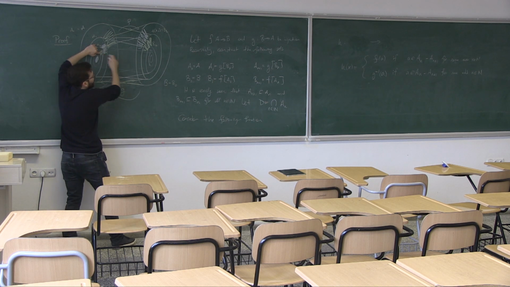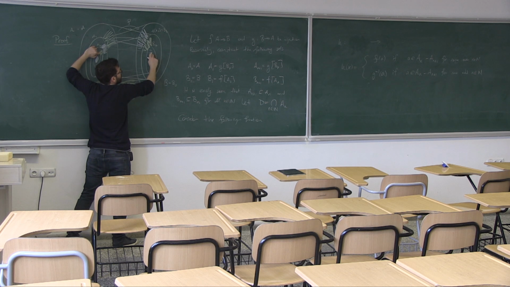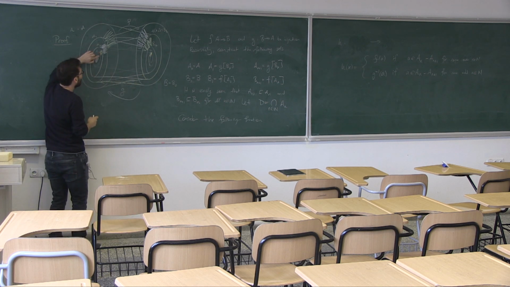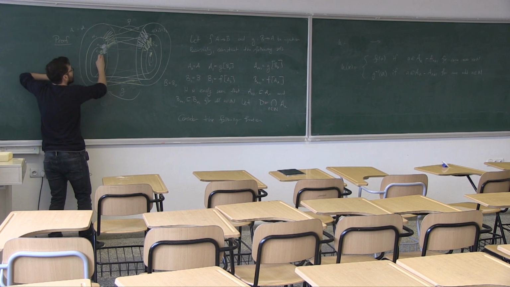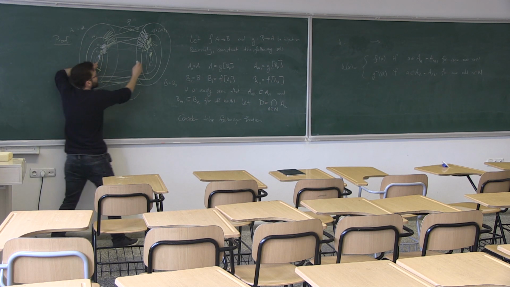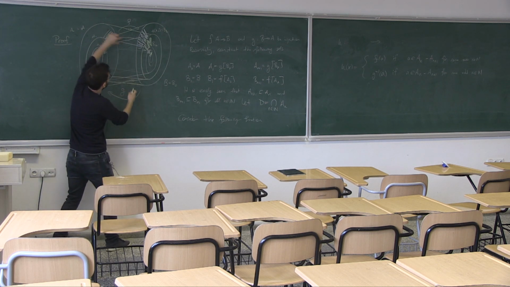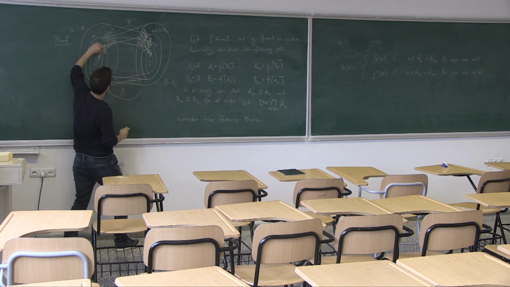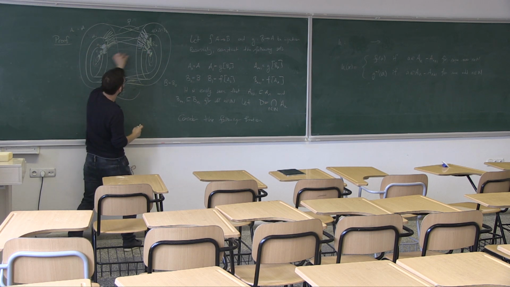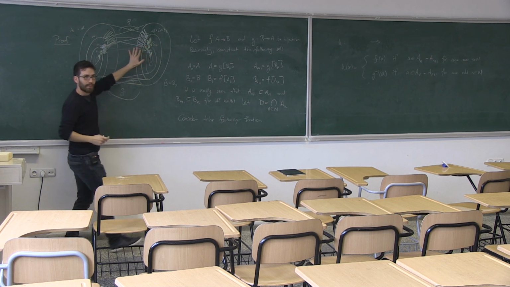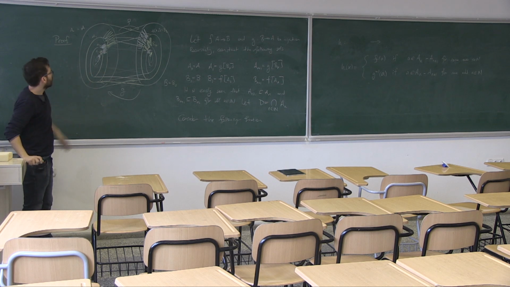This green region will be mapped to this green region. And let's ignore this D. This white region will be mapped to this white region. So green goes to green, white goes to white. Green goes to green, green goes to green, white goes to white. You see what's happening?